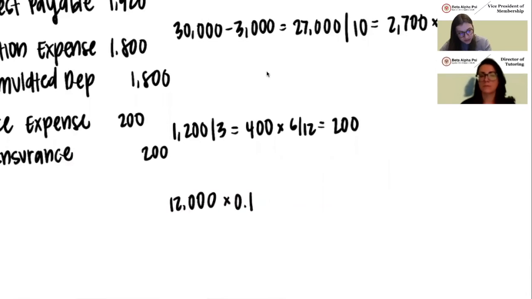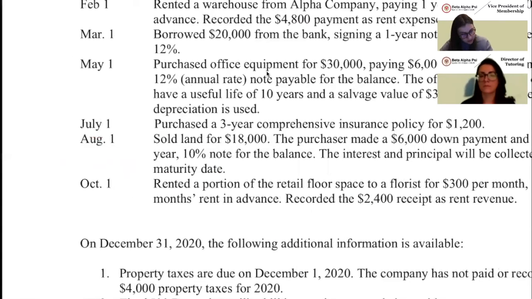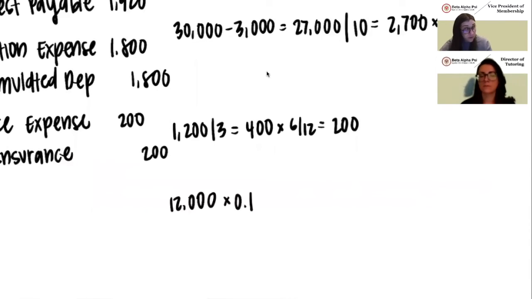And if this note was issued on August 1st, then we've incurred 5 months of interest. So we're going to multiply that by 5 out of 12. So right now on December 31st, they owe us $500 worth of interest.